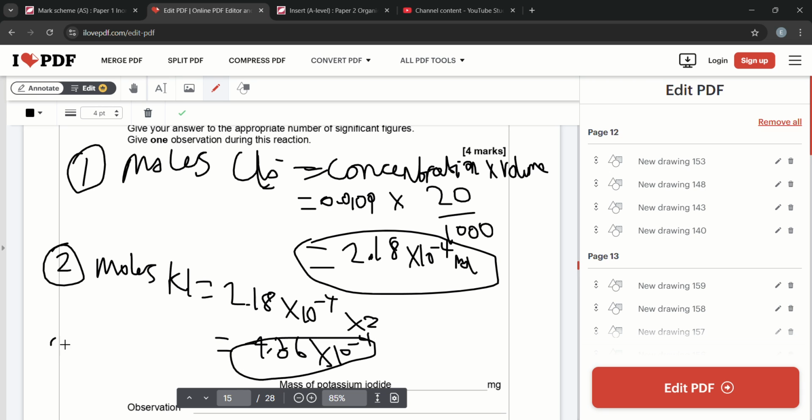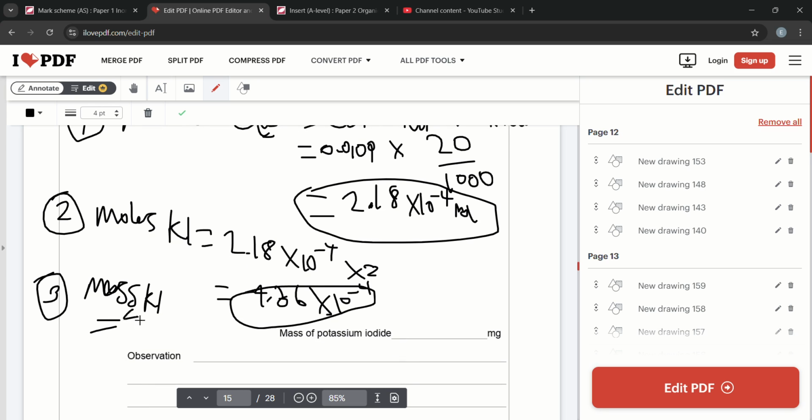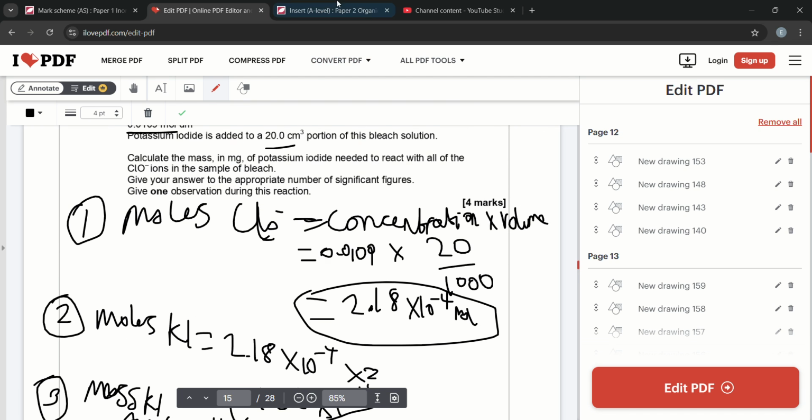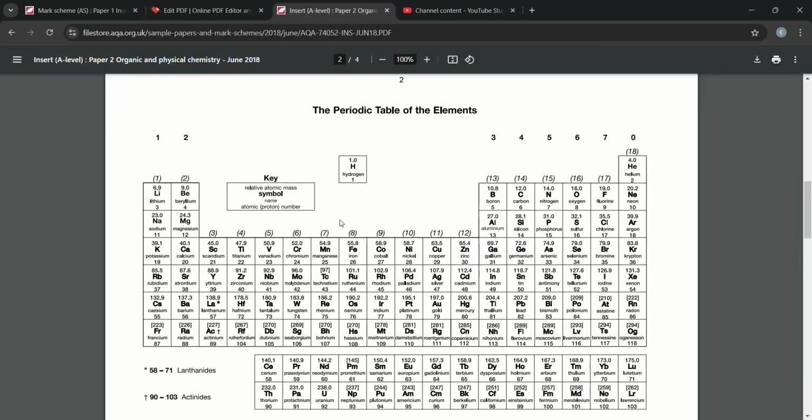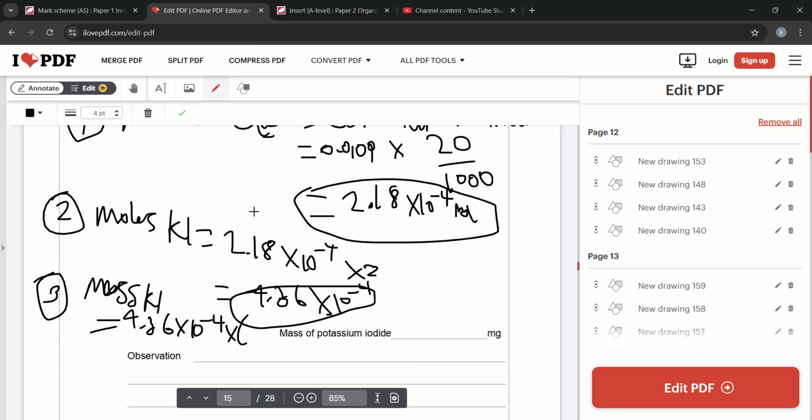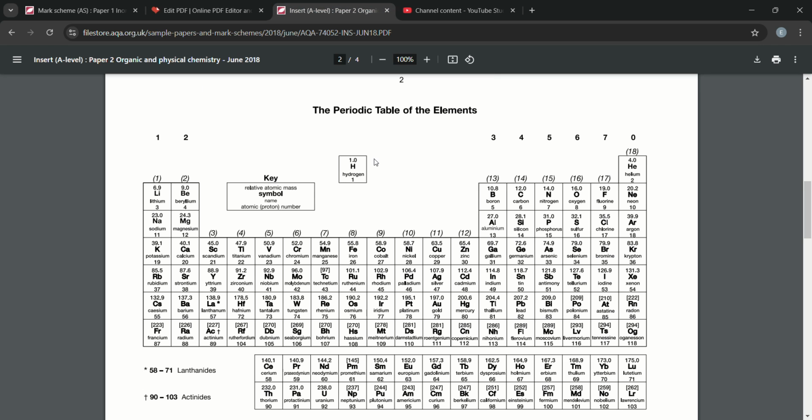And now we can find out the mass of KI very easily. Because we know moles is mass over Mr, mass is moles times Mr. 4.36 times 10 to the power minus 4 times the Mr of potassium iodide, so K 39.1 plus iodine 126.9.